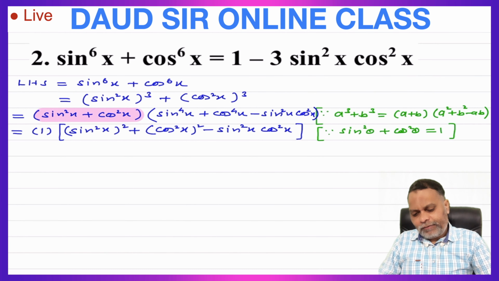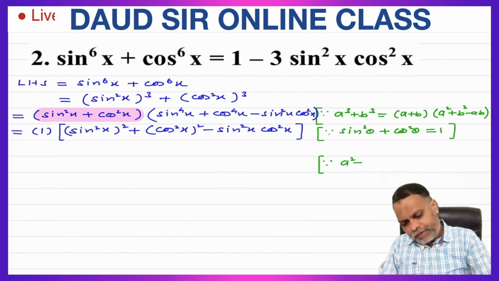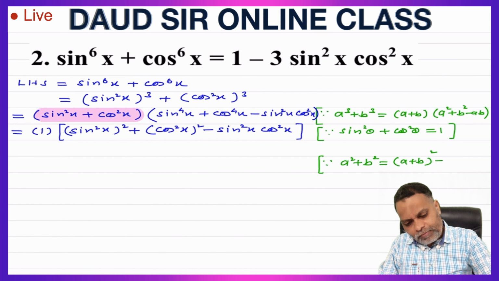One more identity: a square plus b square is equal to a plus b whole square minus 2ab.